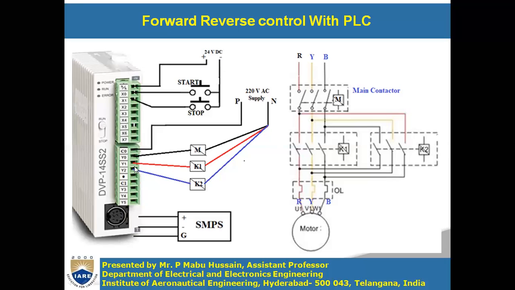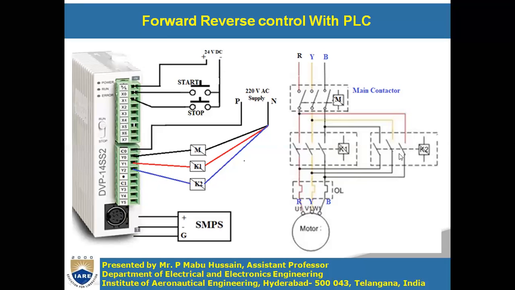Similarly, when Y1 is on, the forward contactor coil gets the supply and the forward contactor closes. When Y2 is on, the reverse contactor coil gets the 220 volts supply, and the reverse contactor closes.